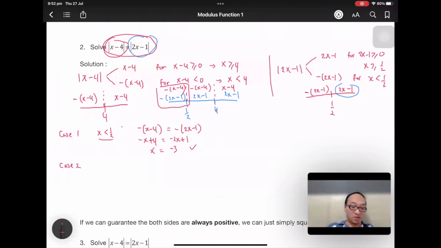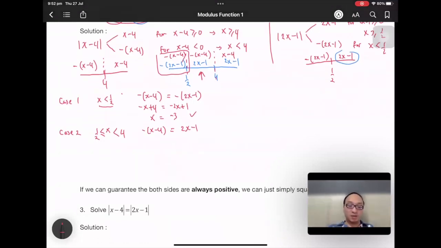Case 2, the middle one. Case 2 is for x between half and 4. So we take the negative x minus 4 equals to positive 2x minus 1.